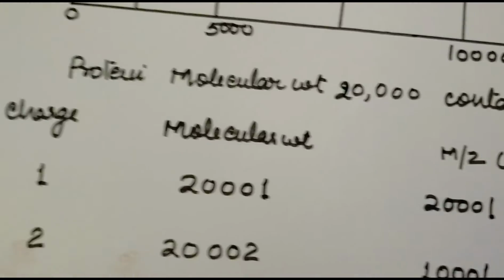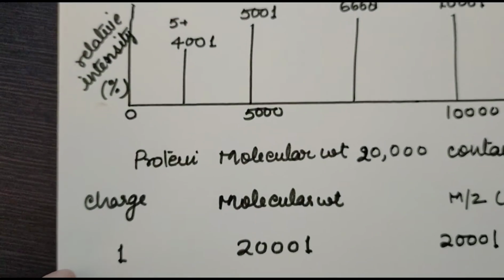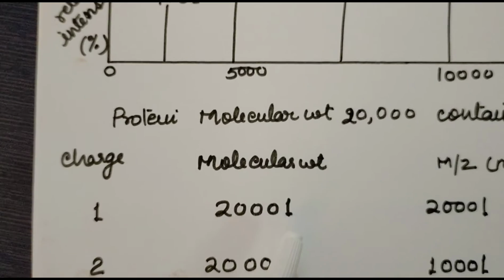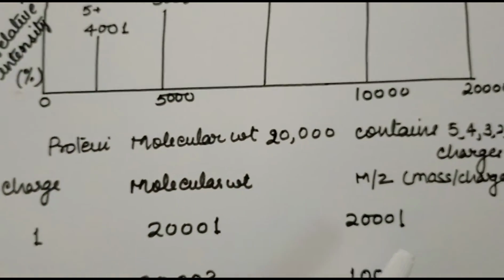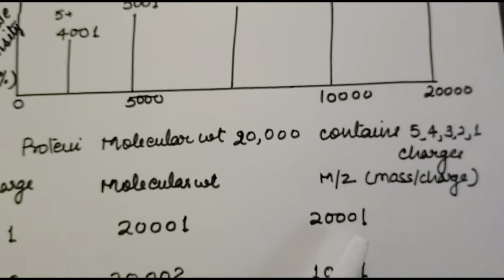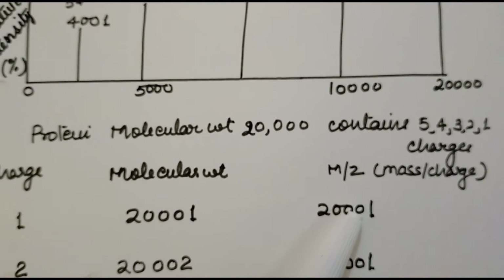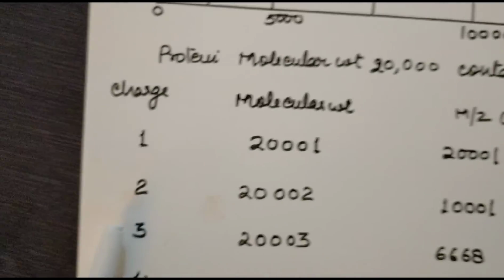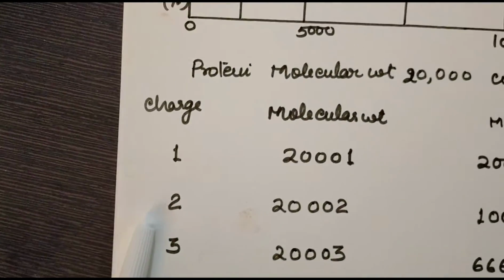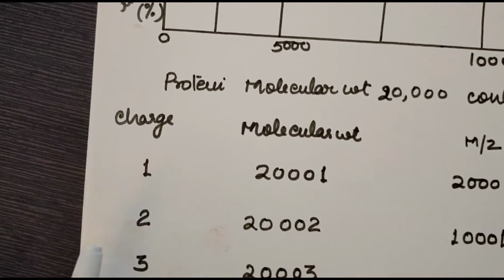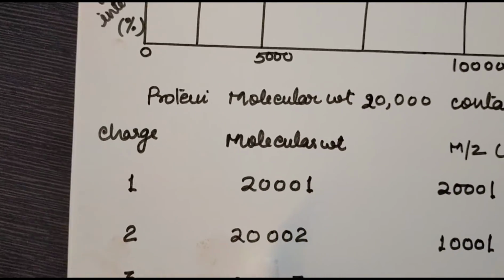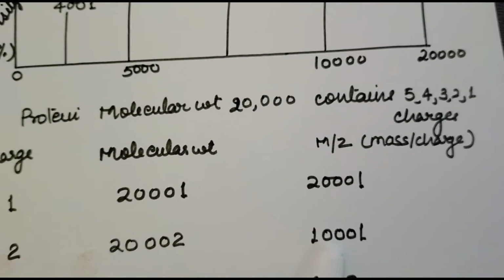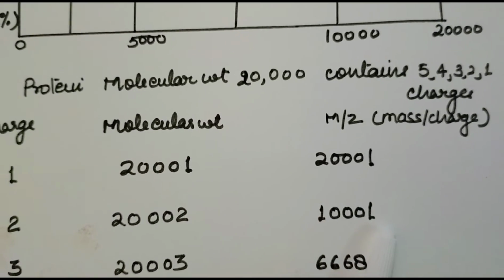If charge form 1 is there, the molecular weight will be 20,001, and the mass-to-charge ratio will be 20,001 upon 1, which equals 20,001. For two charges, the molecular weight will be 20,002, and the mass-to-charge ratio will be 10,001.